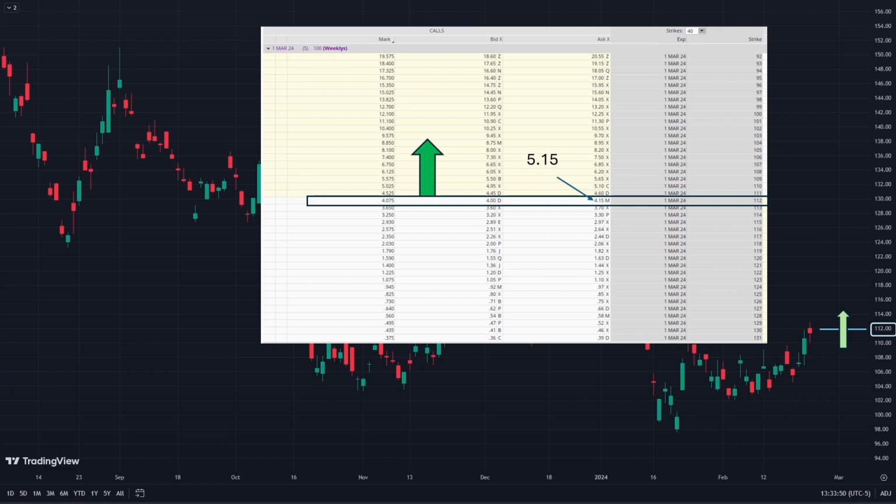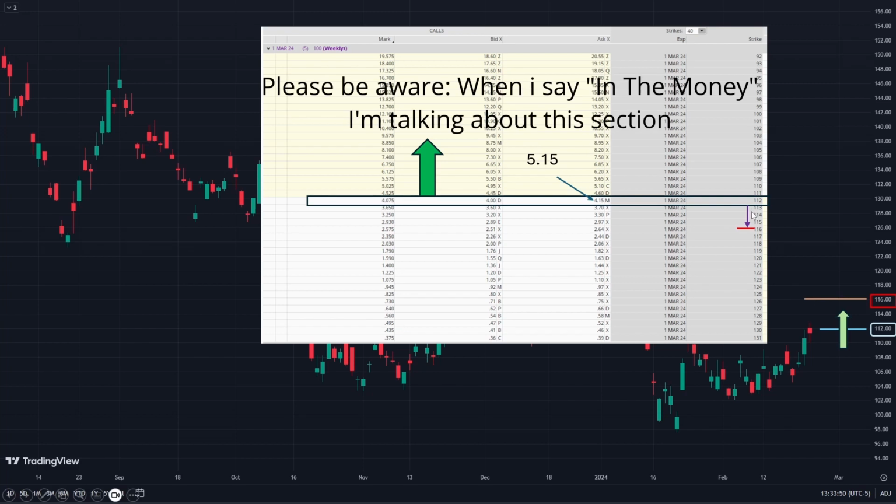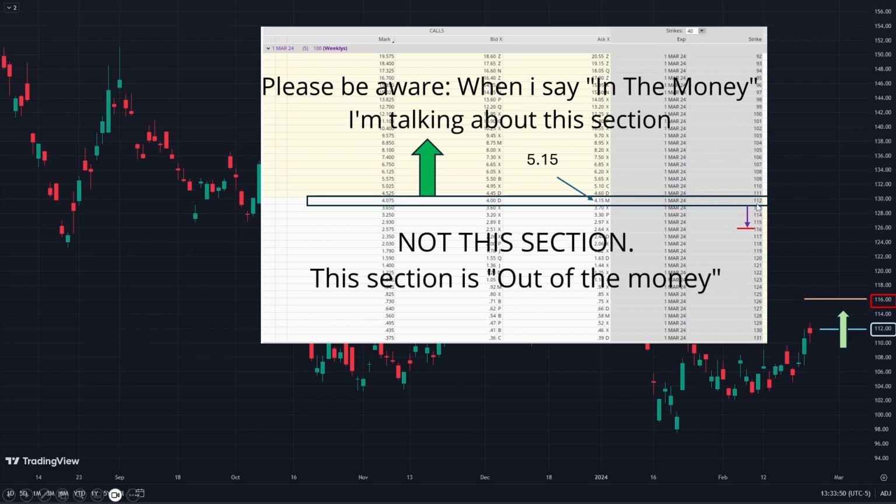So this says $5.15, but this would actually be valued at $515 because it's 100 shares. All right. The great thing about this is that if the share price moves up by $4, right at $116, this option would now be in the money by $4. Why? Because the share price has passed the strike price, this $112, by $4.